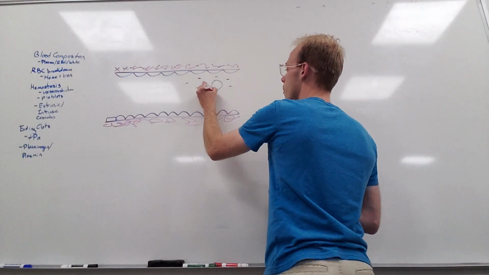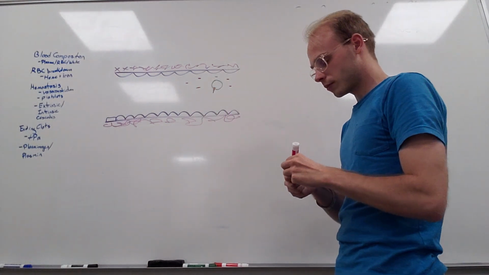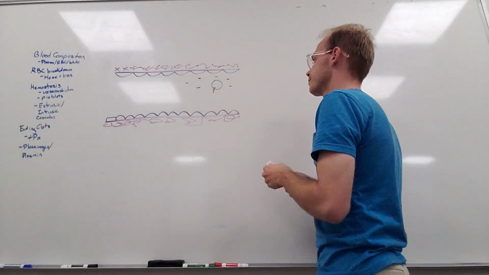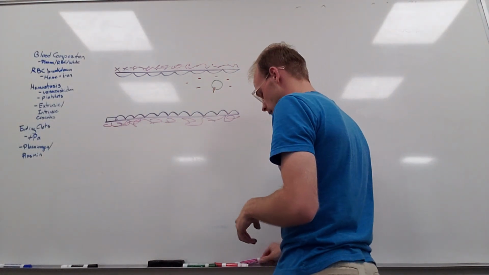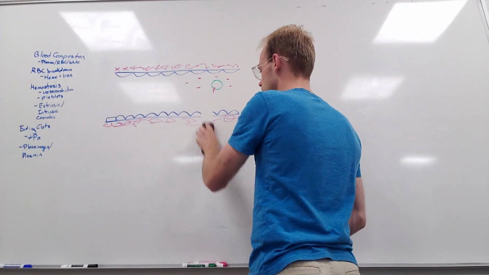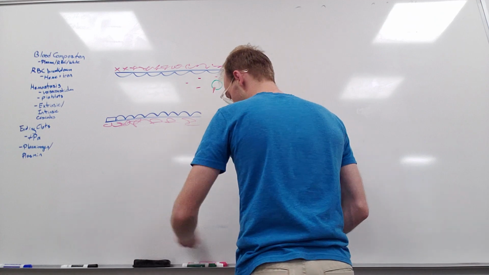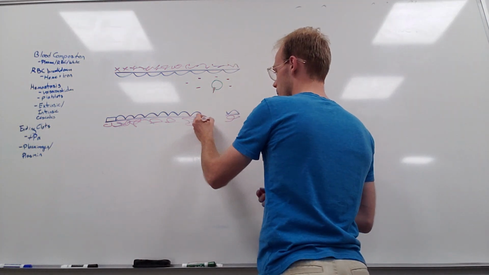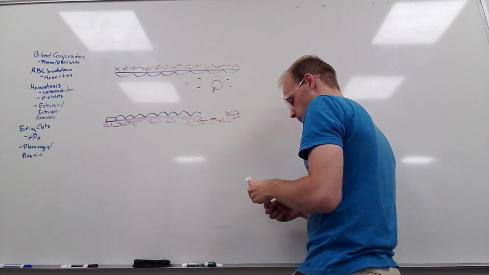And so if one of them binds to a platelet, nothing happens. Nothing interesting. But what can happen is, say you get some kind of cut. And so now you've got a hole in our endothelial cells, but the collagen is still there.